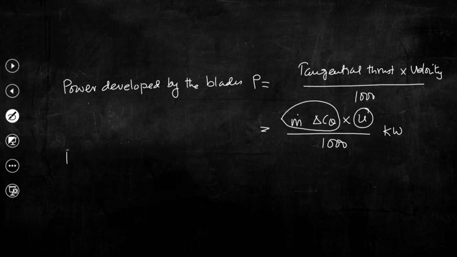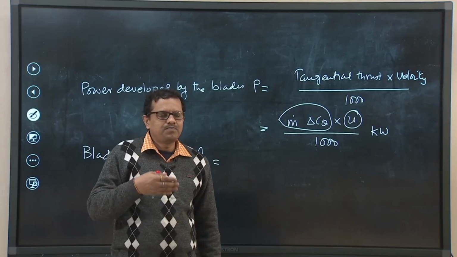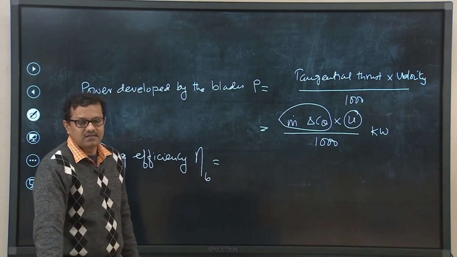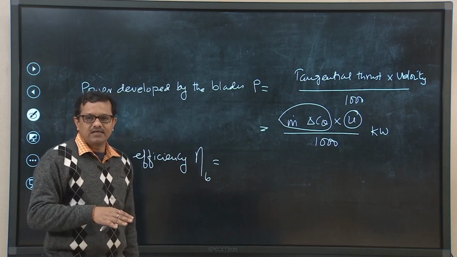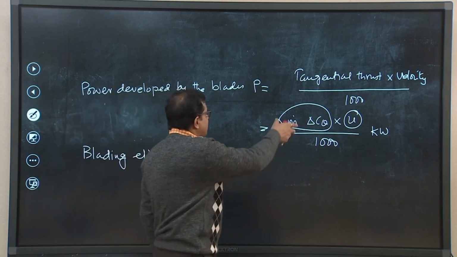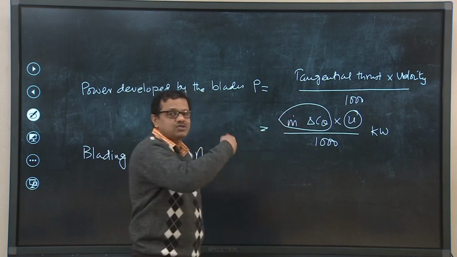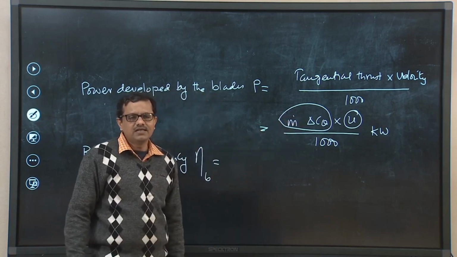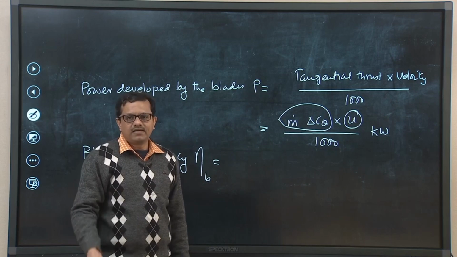And finally, blading efficiency. See, let me tell you one thing. So, this is the power we are getting. Now, power developed by the blades at the cost of some input energy. So, this much amount of power developed by the blades at the cost of the input energy that is supplied to the blade.